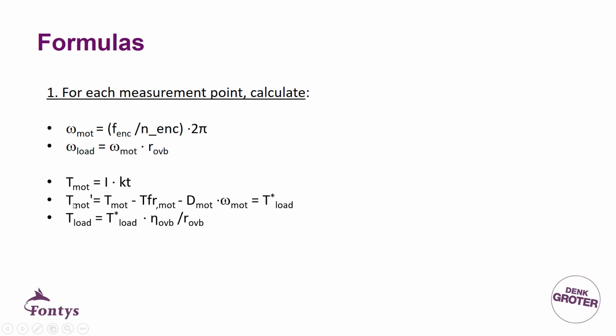And that net motor torque is equal to the transformed load torque to the motor shaft, so T star load. And by having this we can calculate the load torque by multiplying the transformed motor load torque by the efficiency of the transmission and dividing by the transmission ratio, the ROVB.